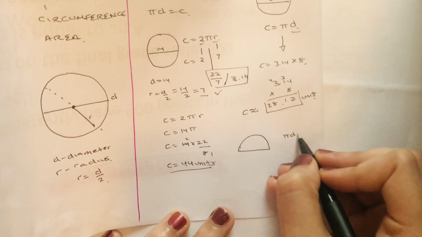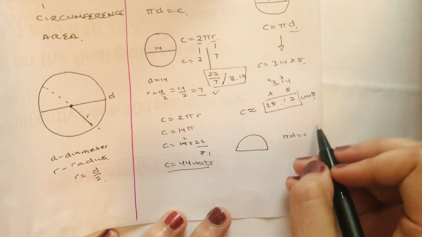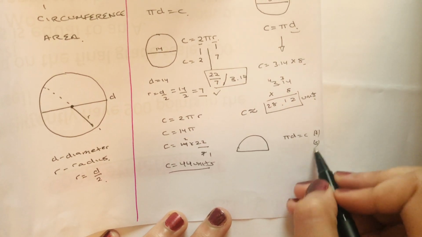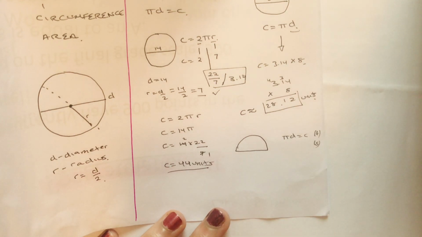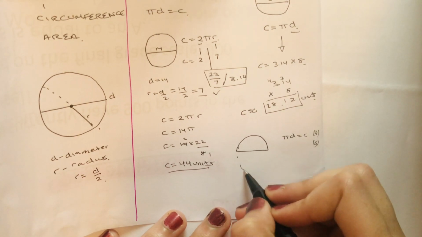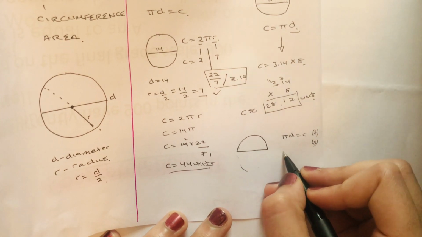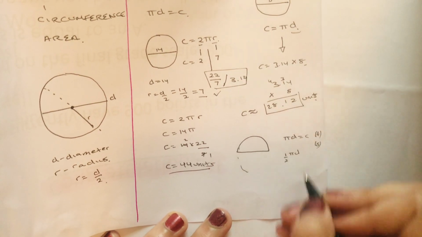Pi d is equal to circumference of a full circle. So semicircle would be divided by 2, right? Because you're cutting it into half. Instead of having all of this, you're just cutting it into half. So it's going to become half pi d.